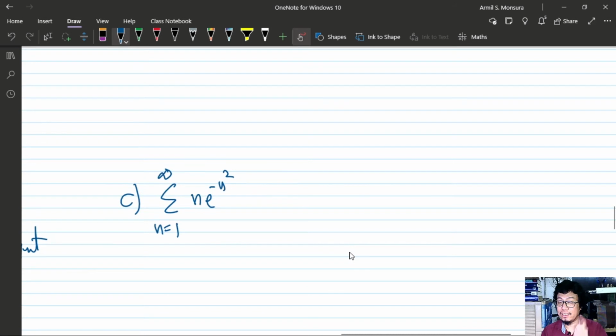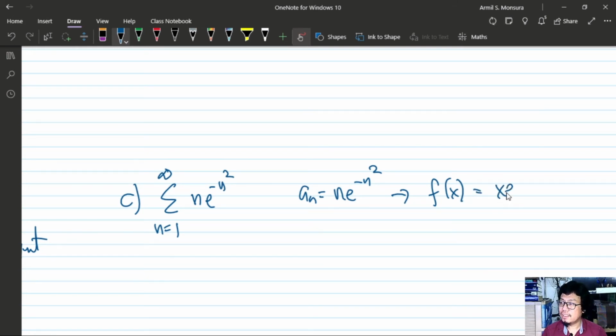For us to be able to try the integral test, let's first express a sub n equals n e raised to negative n squared in terms of a function of x, as f of x equals x e raised to negative x squared. Now, since we are attempting to use the integral test, before you spend your time on it, determine whether f of x is positive, continuous, and decreasing. These are the three requirements for an integral test. Remember.